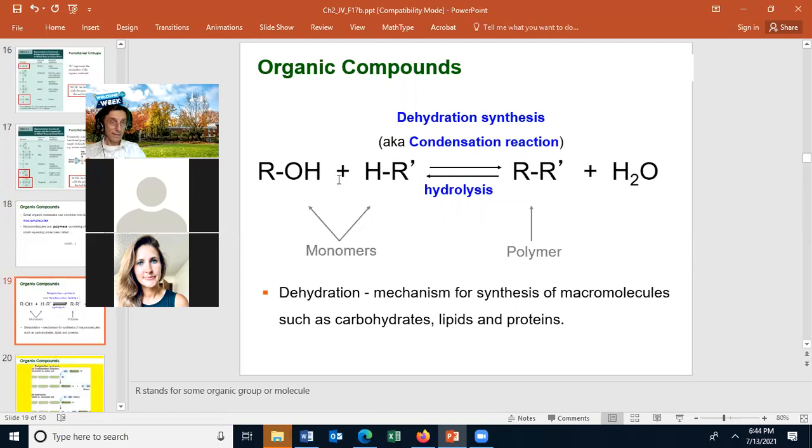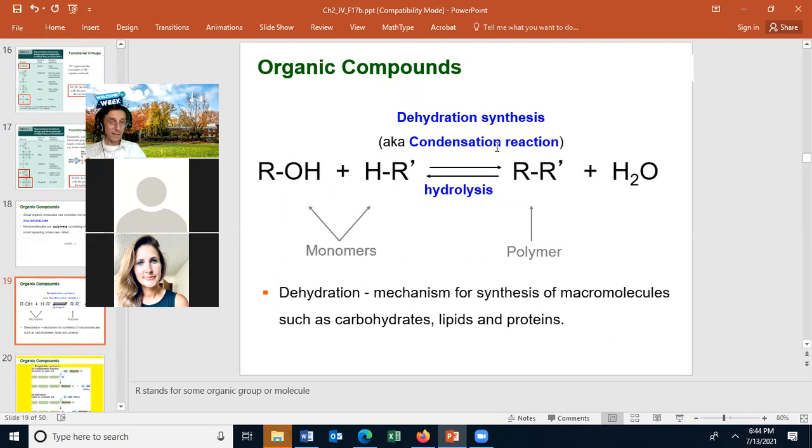And that is a condensation reaction or a dehydration synthesis reaction where water is pulled out of the two molecules, and then the two molecules are linked together directly to make the polymer, and then water is also made. Dehydration synthesis or condensation reaction. Both of those mean the same thing.